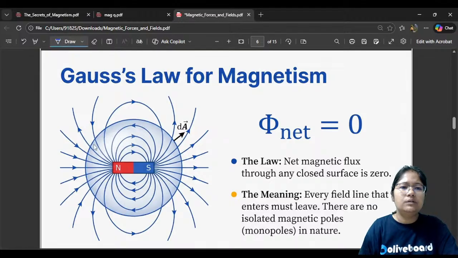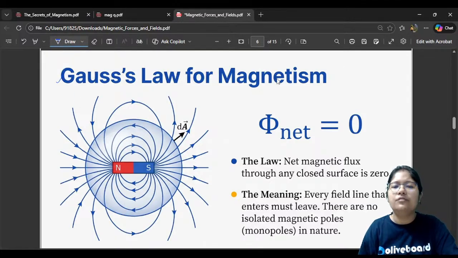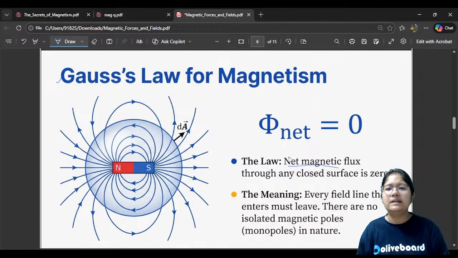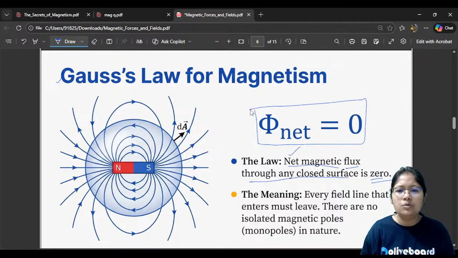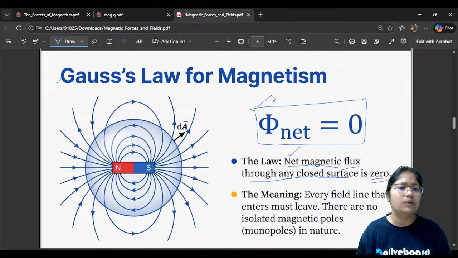Now coming to Gauss's law for magnetism. What does this law say? Just some time before, we had seen about the magnetic flux, which is about the field lines, right? Gauss's law says that the net magnetic flux through any closed surface is zero. What does it mean?